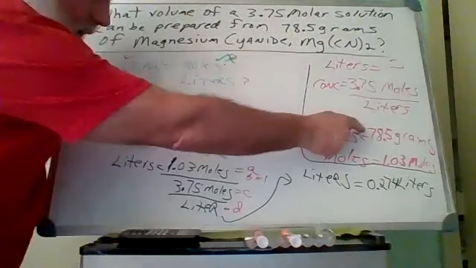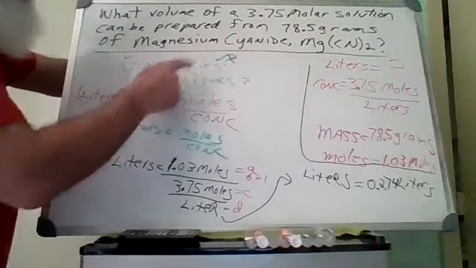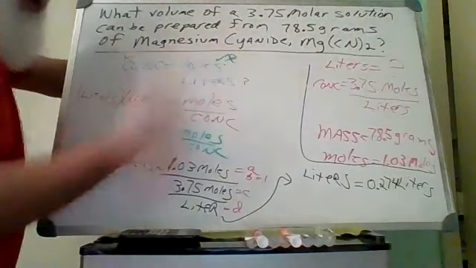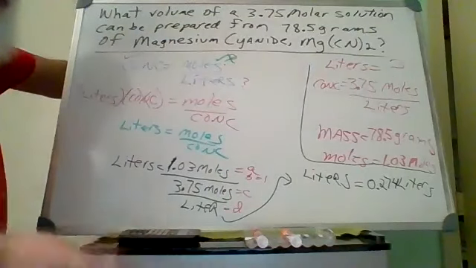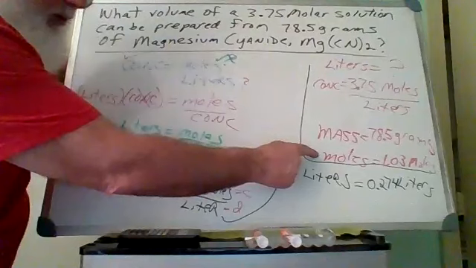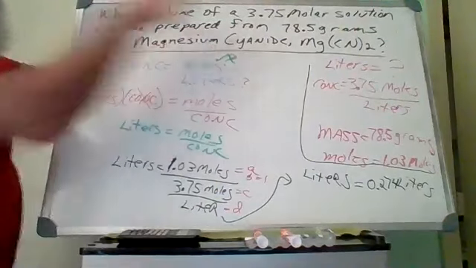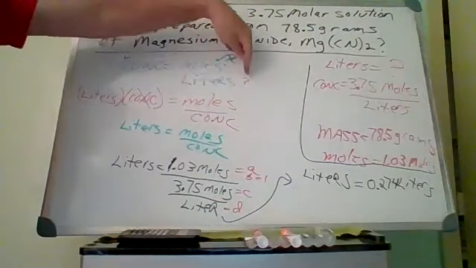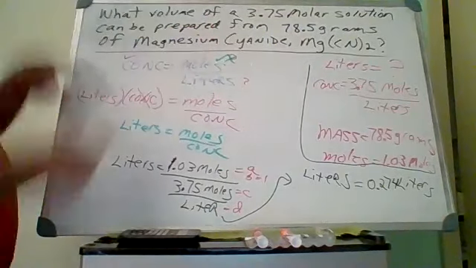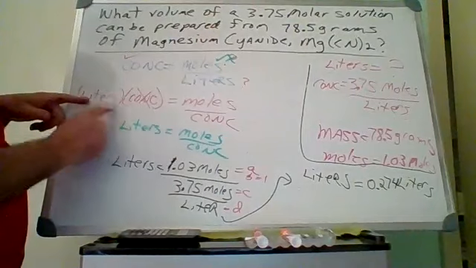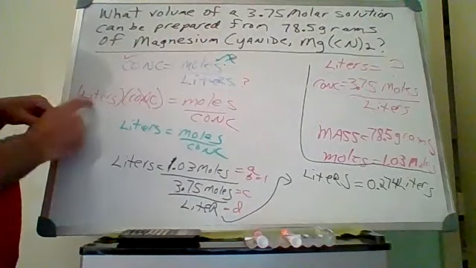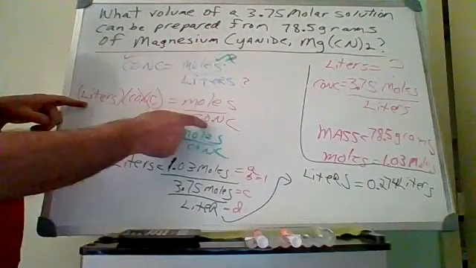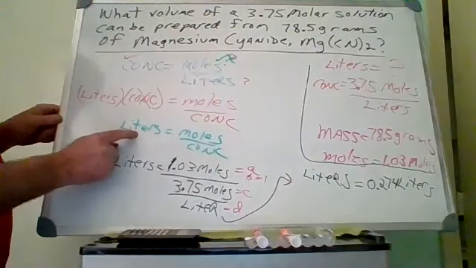We had to convert the grams here, the 78.5 grams, into moles using a mole concept problem. We solved that, wrote it here, 1.03 moles. Then we could replace the question mark on the moles with a check mark. Then we only had one unknown on the liters. Rearrange the equation, solve for liters, right? Move liters over to the left, get it in the numerator, move concentration over to the right to get liters by itself.